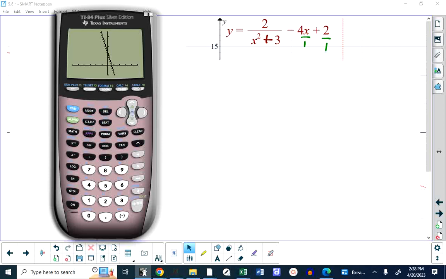I'm going to go zoom standard first. And it's approaching it very quickly.